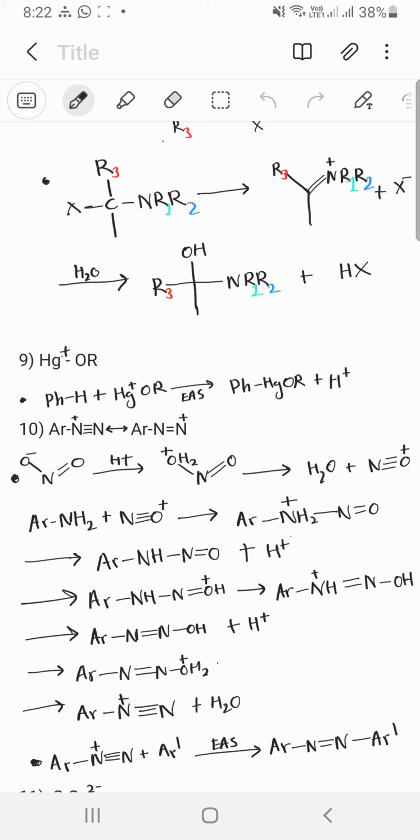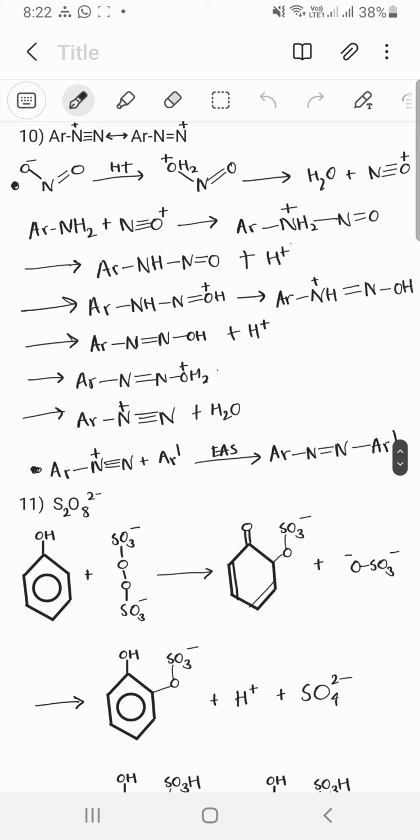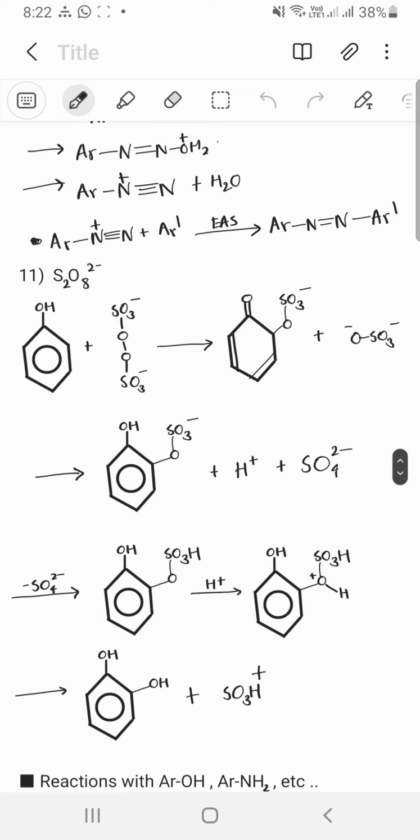Diazonium salt, very useful. Everyone knows this mechanism already, I guess. S2O8, this is something that I always forget. The usual, basically. Then do that and create this thing.